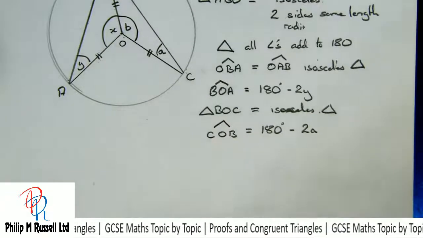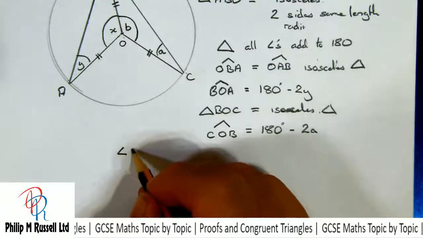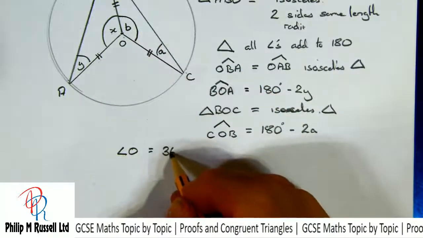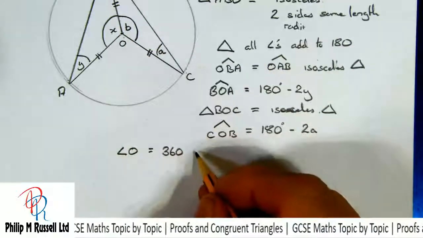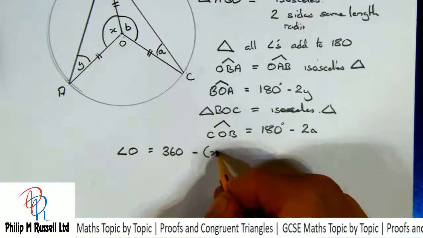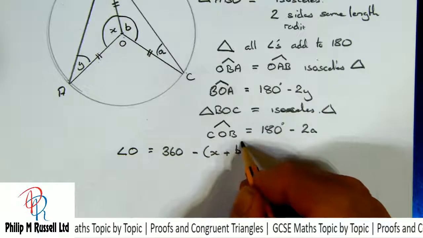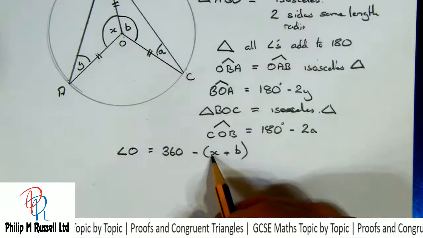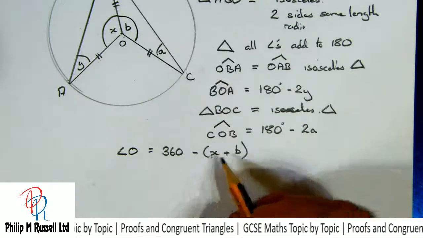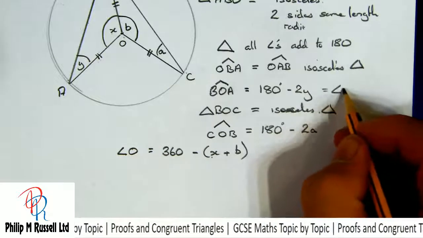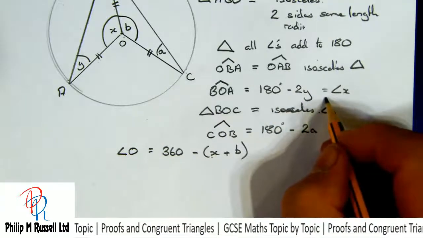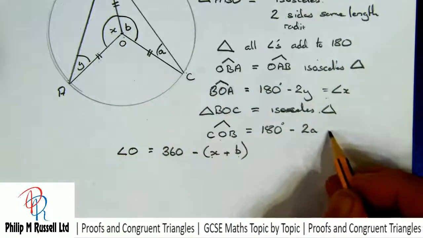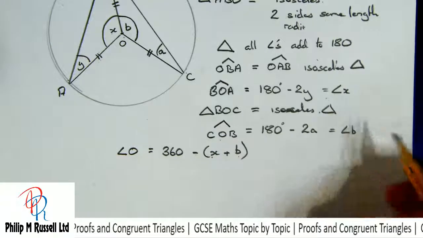Right, so what do I know about angle O? Well, angle O is going to be 360 degrees minus X plus B. We already know what angle X is. Angle X is this. And angle B is this.